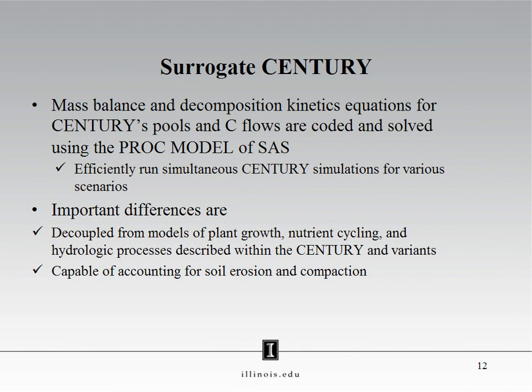This provides the advantage of transparency and simplicity, while allowing the modeler to easily modify important Century inputs, including the plant carbon input rate to soil. Also, this surrogate Century model is capable of accounting for soil erosion and compaction, which are not presently considered in the Century model.